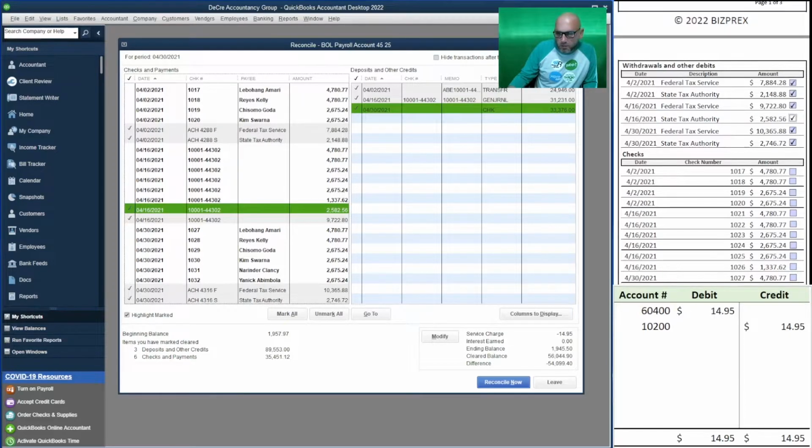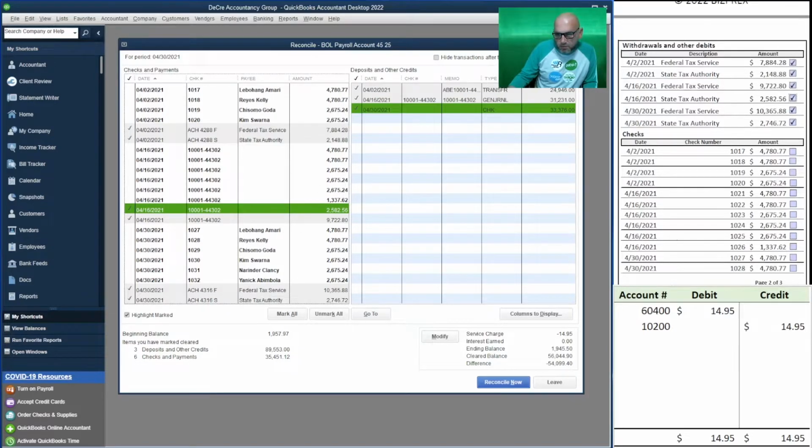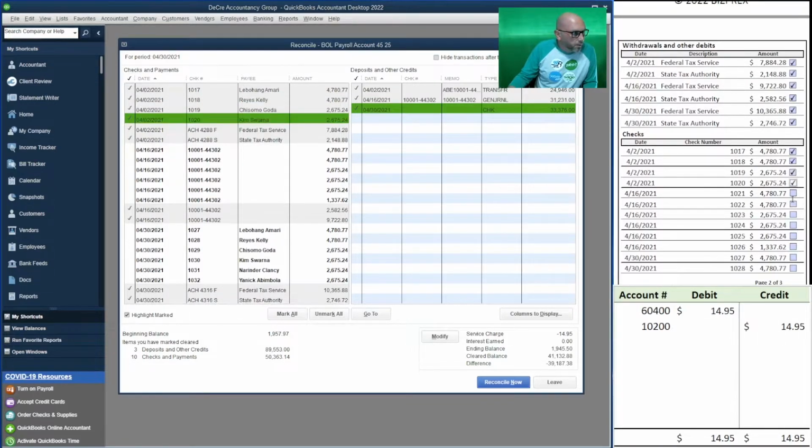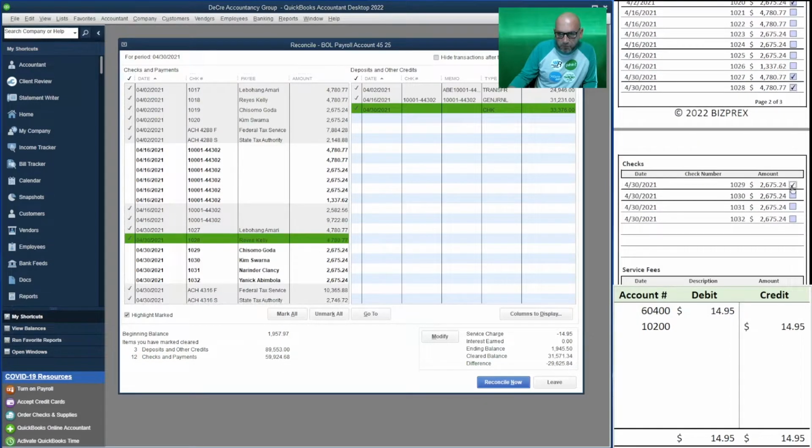All right, and now we have checks to the employees. See if we can get those squared away. That's check 17, check 18, check 19, check 20. Yeah, so basically, if you remember, when we did one journal entry in this reconciliation module, it didn't carry it forward, right?